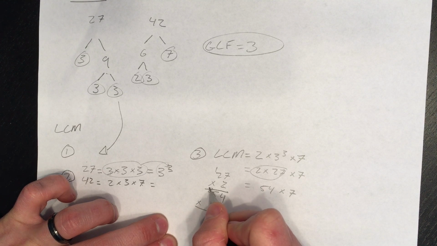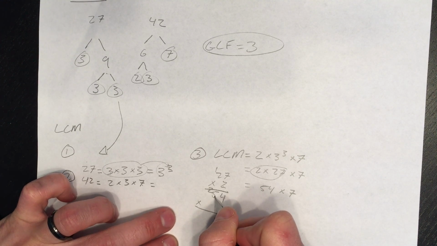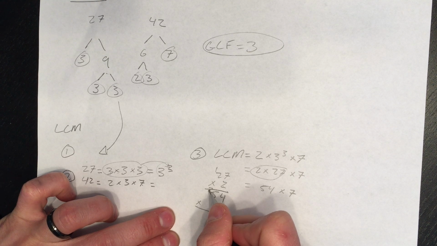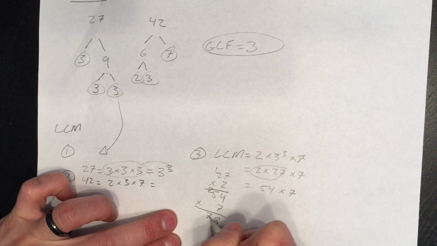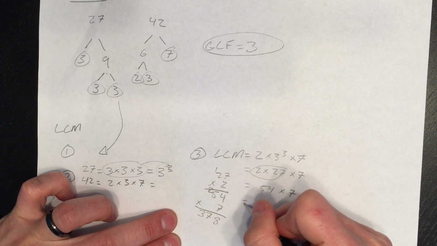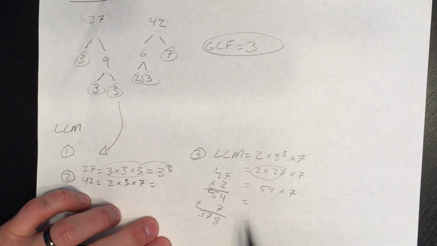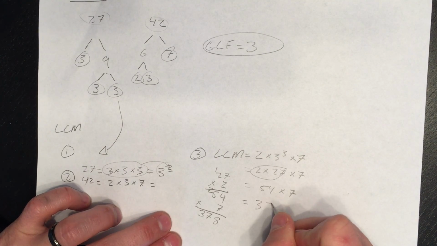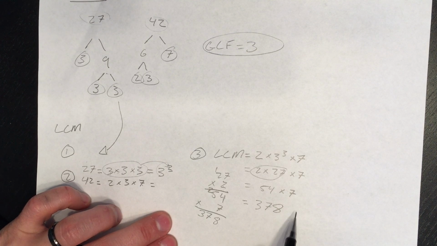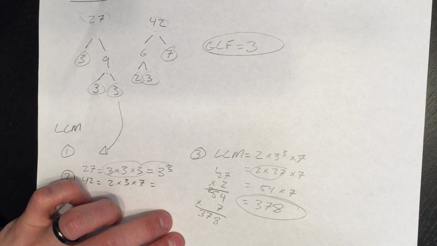The 2 gets put up top. 7 times 5 is 35. Plus the 2 is 37. So 7 and 3. So the least common multiple of 27 and 42 is 378. And again, let's circle our final answer.